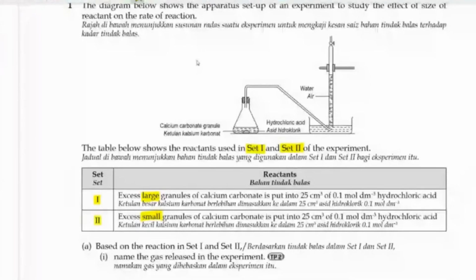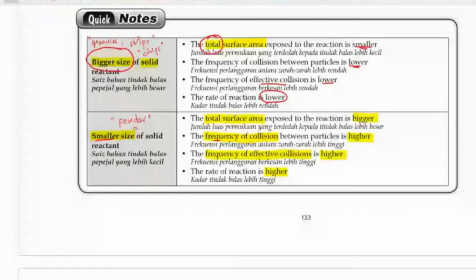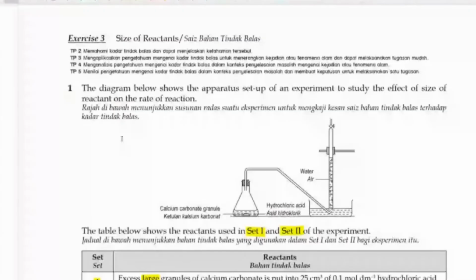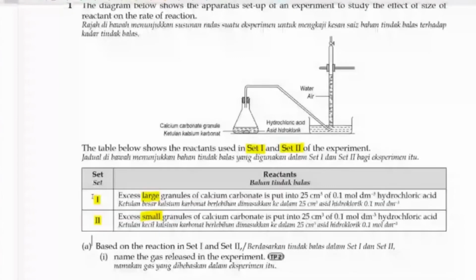Now, a very simple question for you. Set 1 and set 2, which one has a higher rate of reaction? Big size or smaller size? Class, based on what we discussed just now, large granules, small granules, which set will have the higher rate of reaction?